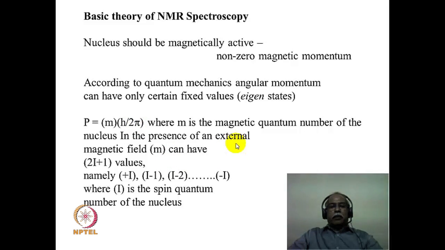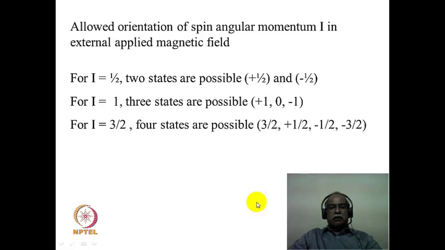Now the magnetic quantum number can have, in the presence of an external magnetic field, different values corresponding to 2I plus 1 values, namely plus I, I minus 1, I minus 2 all the way to minus I, where I is the spin quantum number of the nucleus.